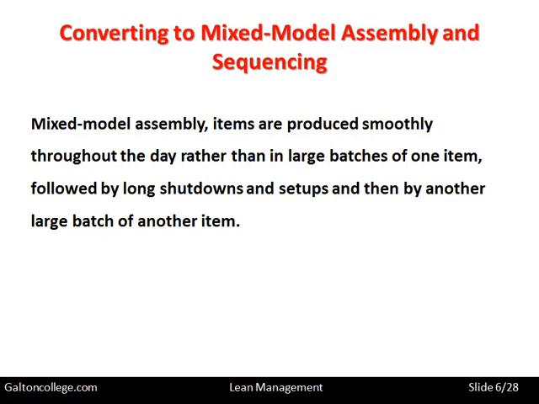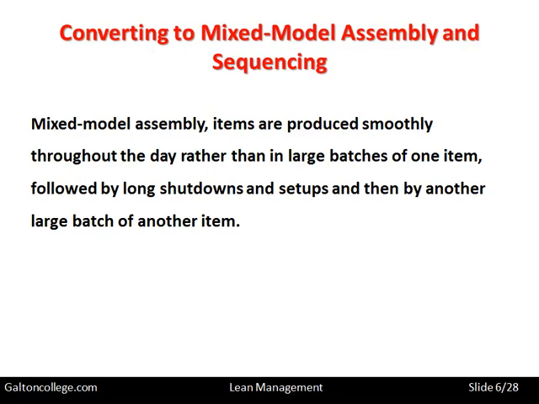Whilst it's in the stores, it is idle. Whilst it's in the production process, it's also not earning anything for the company. So the whole idea with lean management is to minimize the amount of time and amount of resources that are required to get the output to fill the orders.